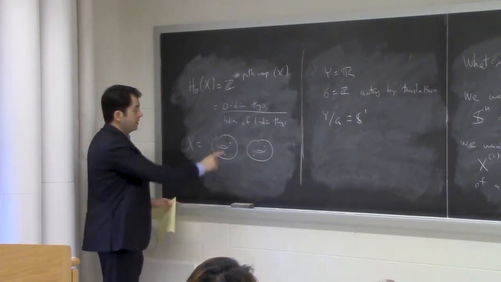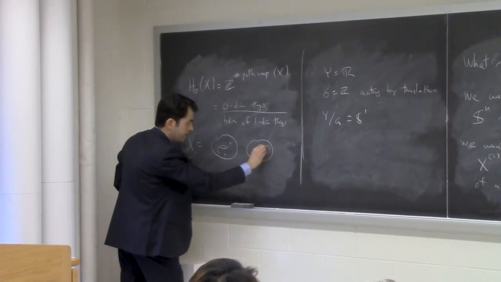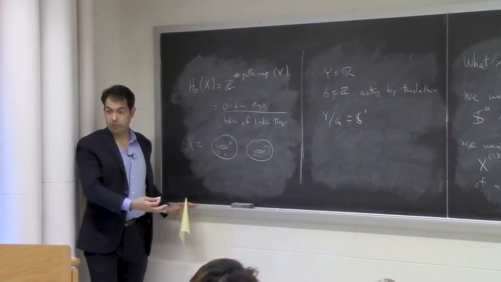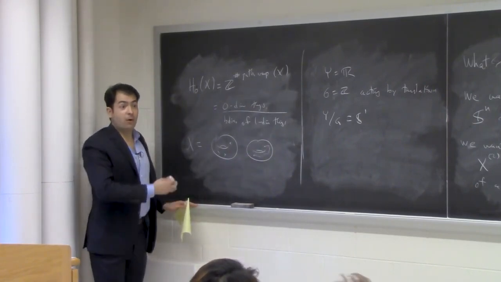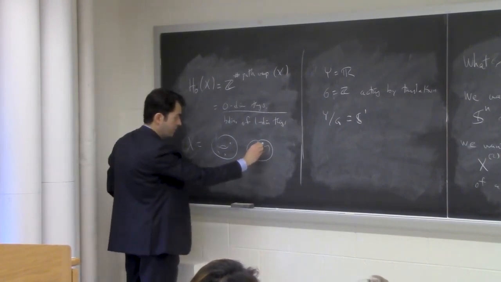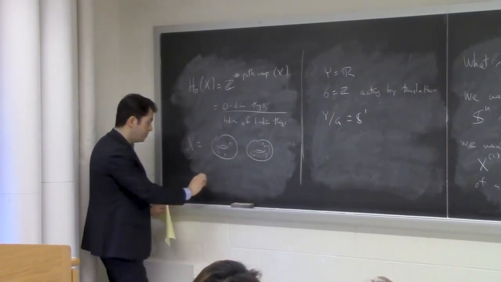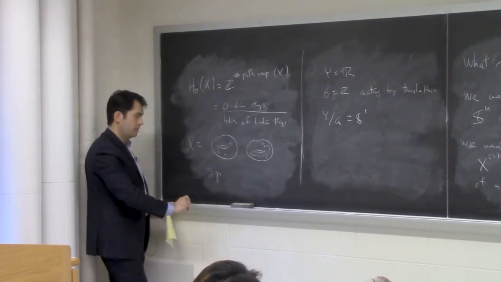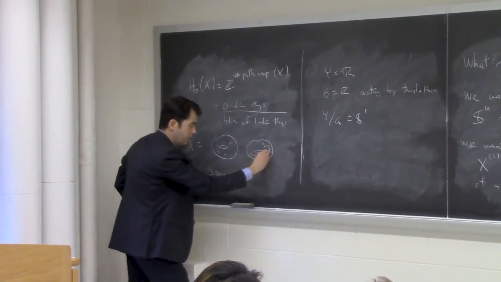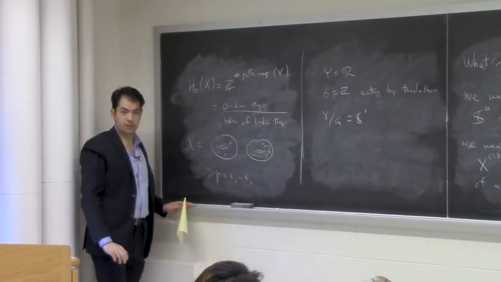Right? Whereas the boundary of a one-dimensional thing is, well, take a path and then look at the boundary. Now, when you take the boundary of a path, so let's say that this is the point x0 and this is the point x1, and this is the path gamma, then the boundary of gamma is going to be, well, I'm going to put an orientation, and then I'm going to take x1 minus x0.